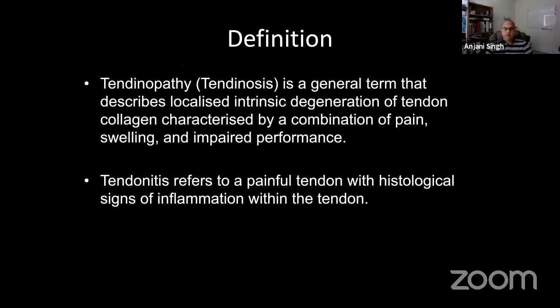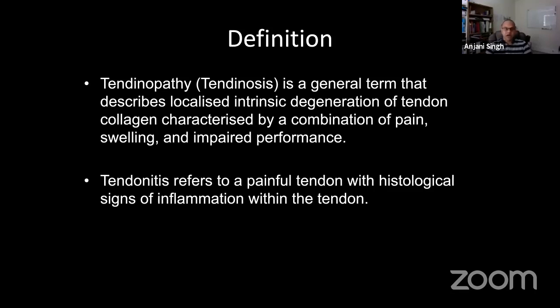So just to go by definition, tendinopathy, otherwise known as tendinosis, is a general term that describes a localized intrinsic degeneration of the tendon collagen structure, characterized by a combination of pain, swelling, and impaired performance, whereas tendonitis refers to a painful inflammation, which can histologically be proven with inflammatory cells within the tendon substance.